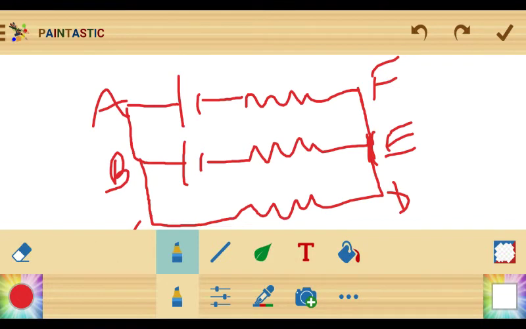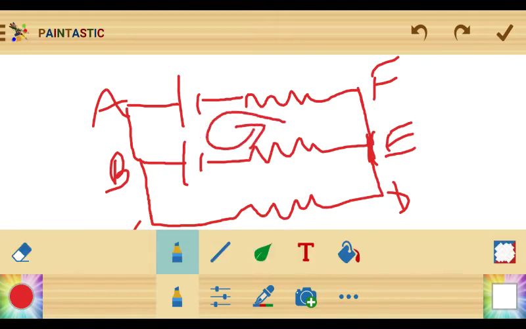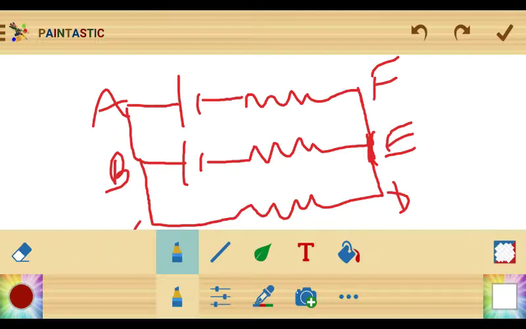So the loop here means the voltage loop. This is your loop. I'll remove it, and we'll use some other pen, a dark pen. So what are the loop names? Now this circuit diagram is a complete circuit, with no breaks.